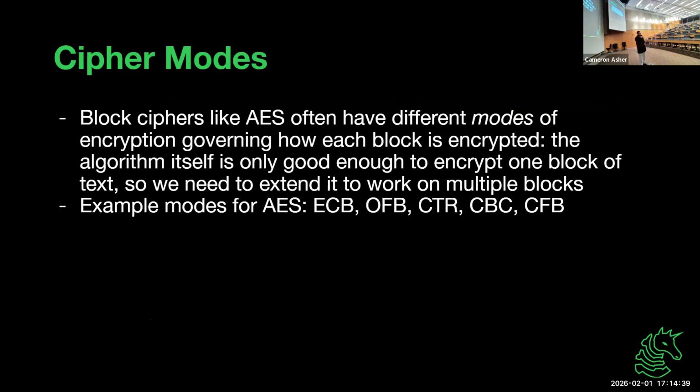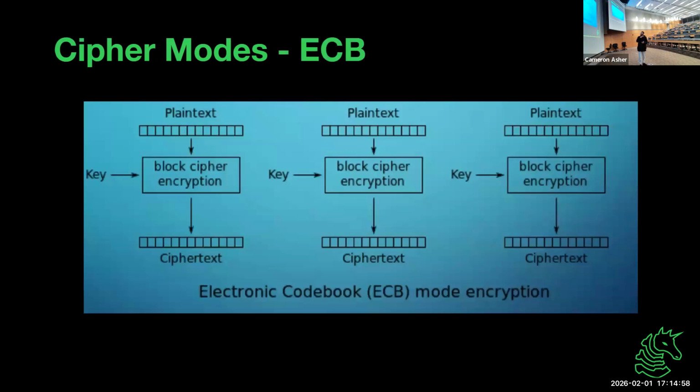So all of this just works on each block of the input. To turn this into a cipher for the whole input, there are a bunch of different modes that we use, and each of these has advantages and disadvantages. The most obvious way to do this is called ECB, Electronic Codebook.